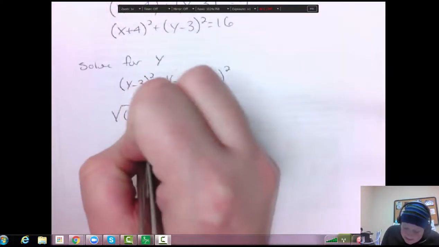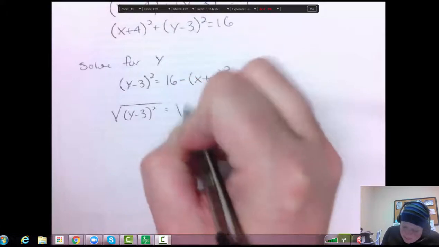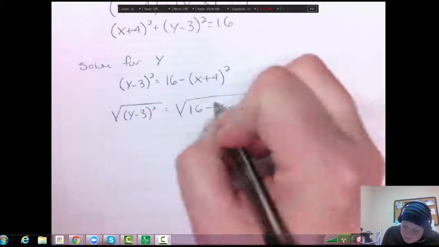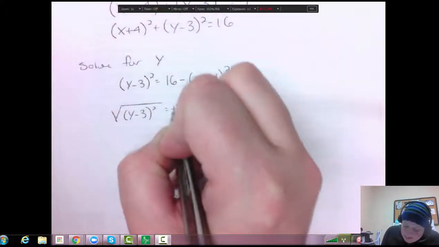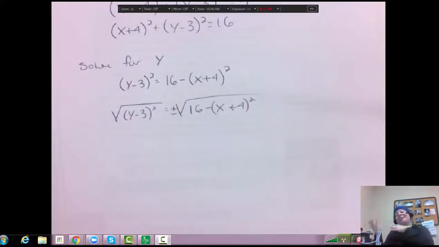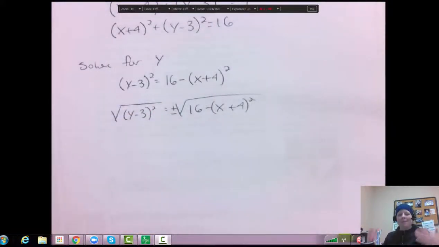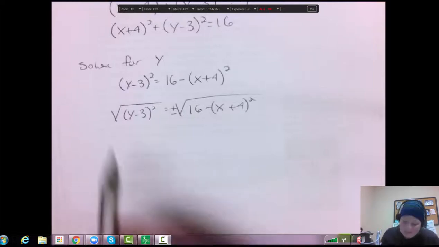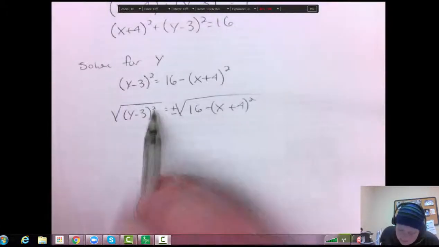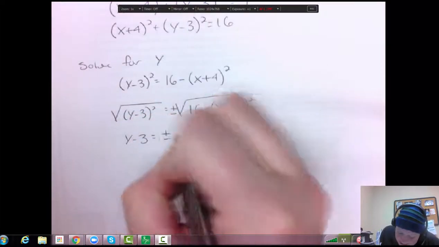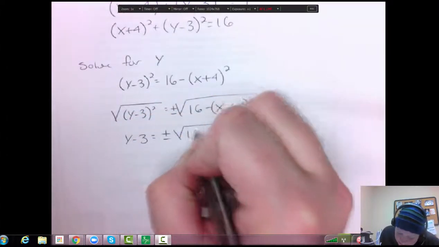And when we square root, we would have a plus or minus in front because it could be the negative or the positive. That's hard to remember when we take that square root. And then from here, this will undo the square, so really we have y minus 3 equals plus or minus this ugly part over here.